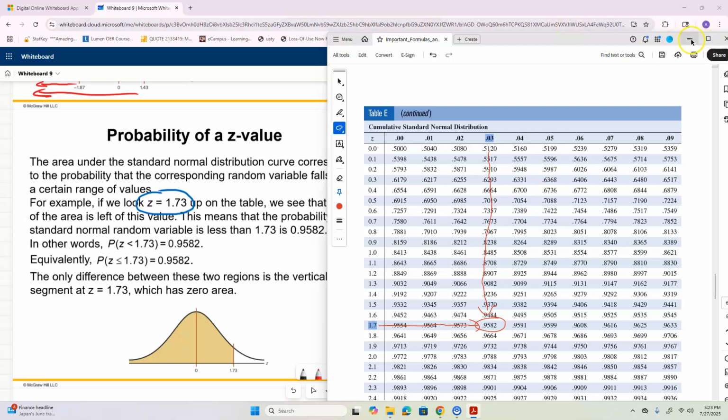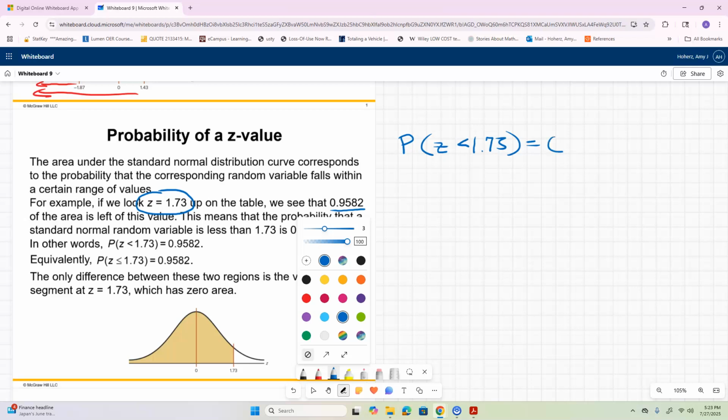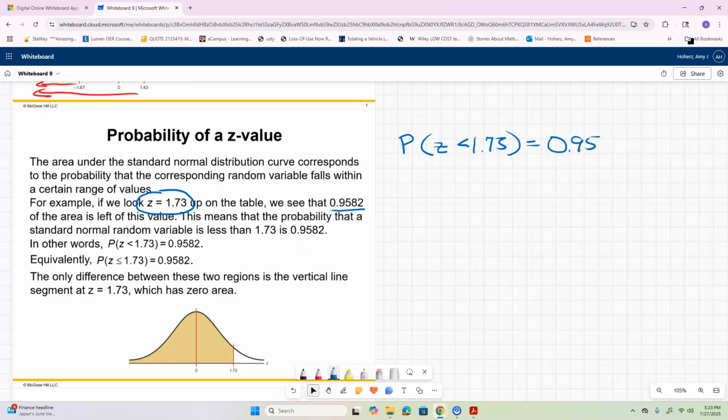And so that means that the probability that a z-score is below 1.73 is 0.9582, or 95.82%.